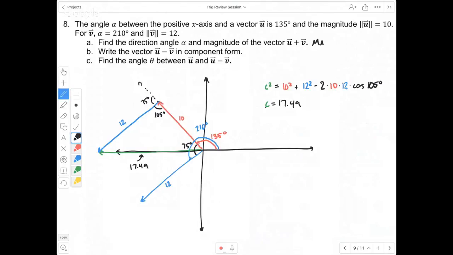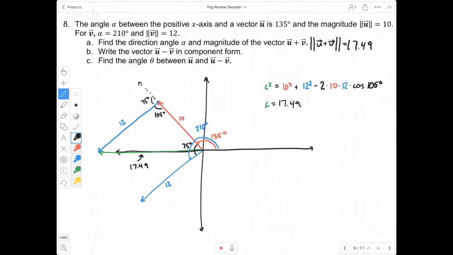So the magnitude of u plus v is 17.49. And then I would also like to know what's the direction angle, alpha.